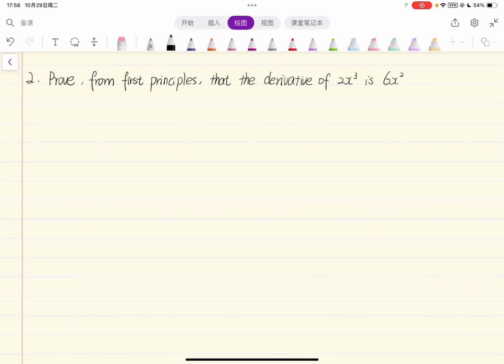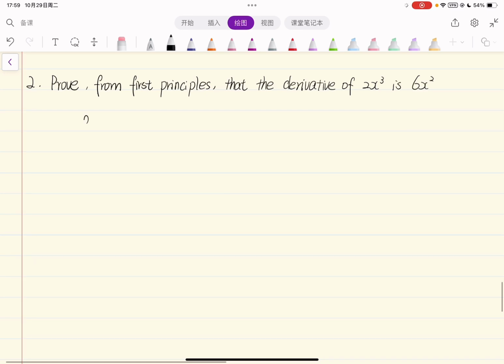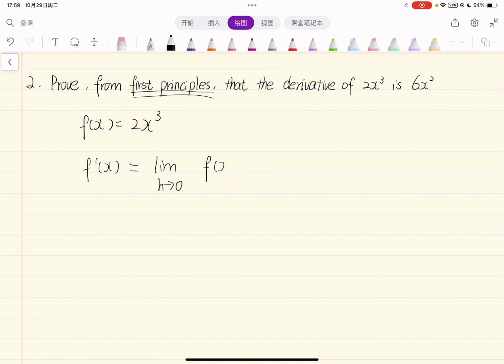Now let us see question 2. It says to prove from first principles that the derivative of 2x cubed is 6x squared. So we have the function f(x) equals 2x cubed. To find the derivative from first principles, we use the gradient function: the limit as h tends to 0 of f(x plus h) minus f(x) over h.